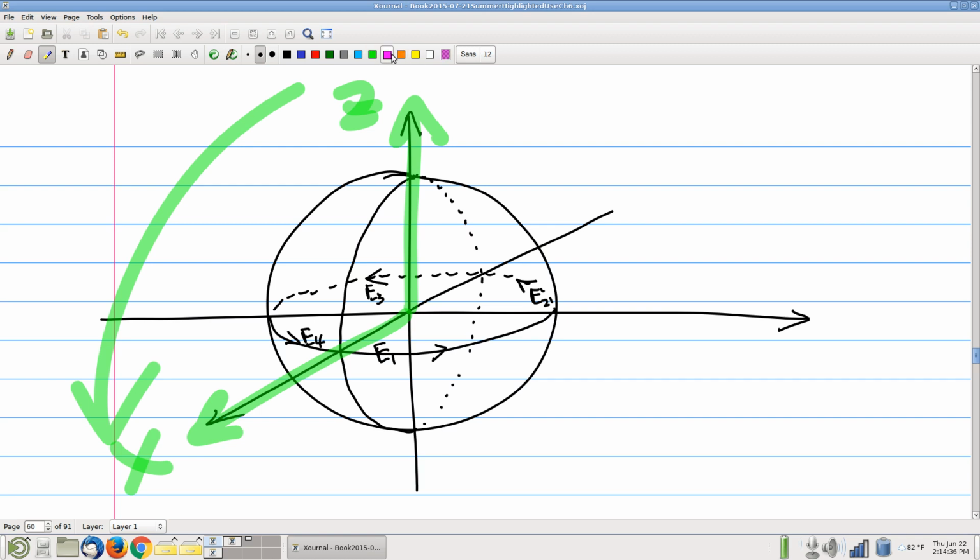So in this circle, the edges are going around in that order, that order, that, and that. And those are E5, E6, E7, and E8. All right, everybody good?